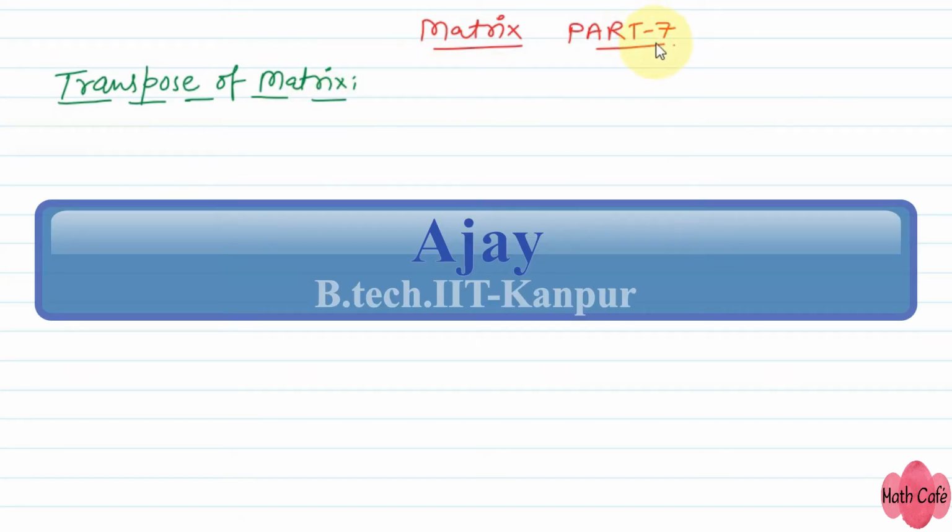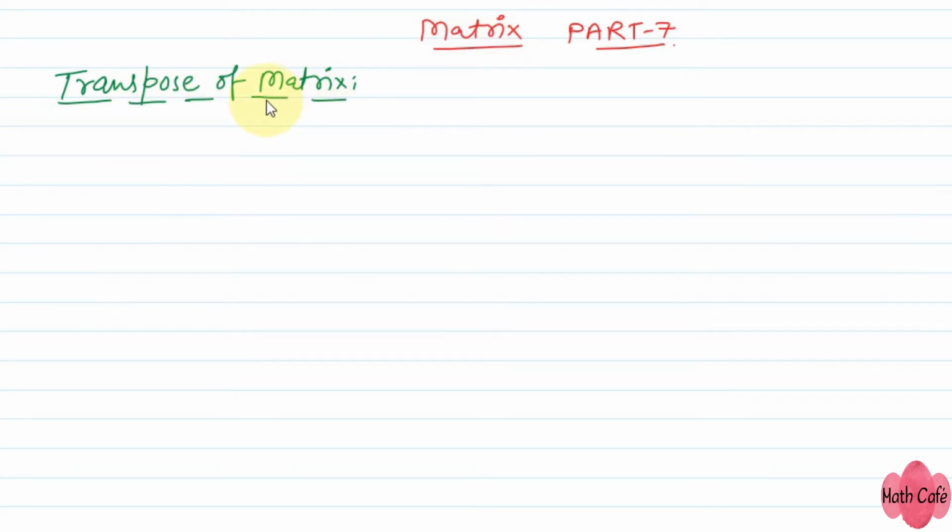So this one is part 7 of our topic, which is matrix, and this video is all about transpose of matrix. First of all, we will see the definition of transpose of matrix.